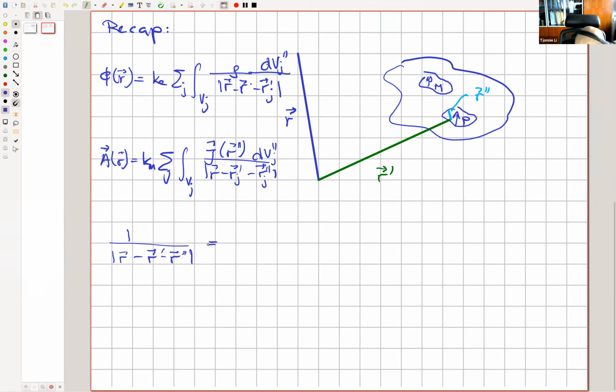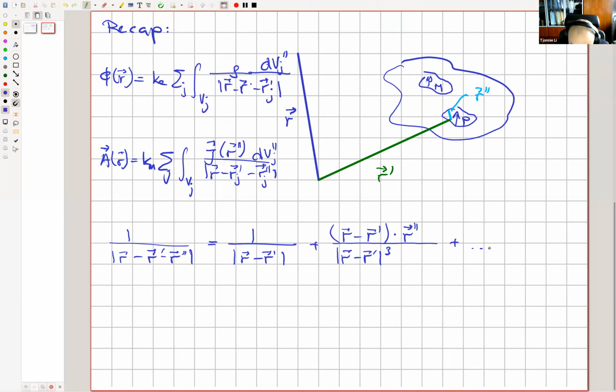That is just, in an expansion form, 1 over the magnitude of r minus r prime, plus r minus r prime dotted with r double prime divided by r minus r prime cubed. And then there are, of course, next-to-leading order terms that we can evaluate.